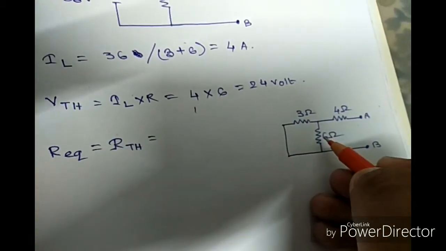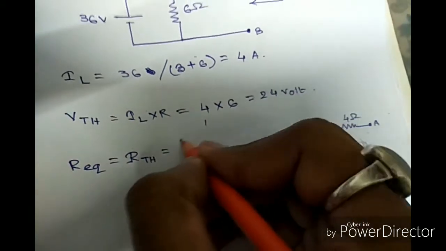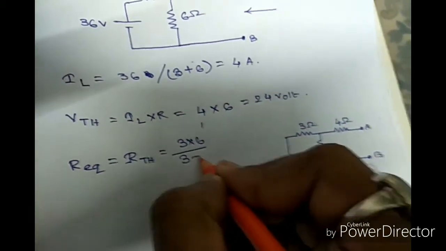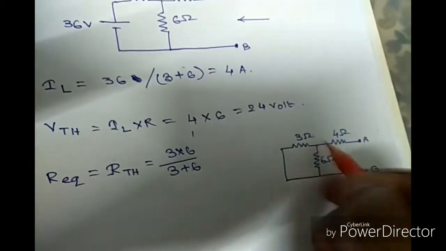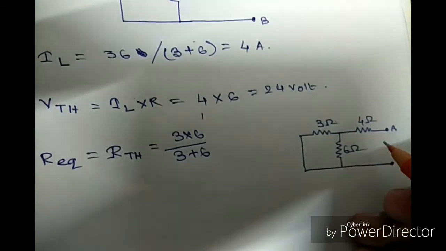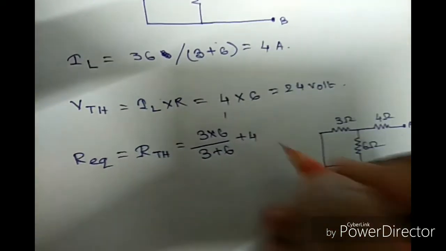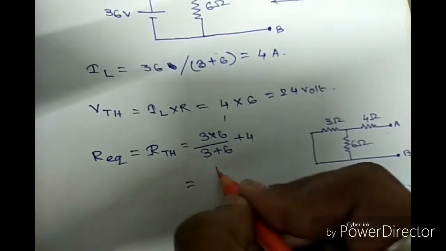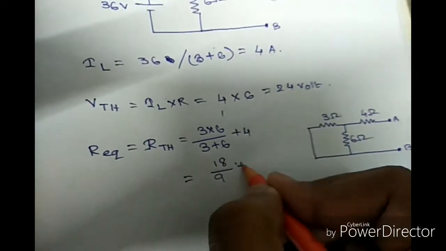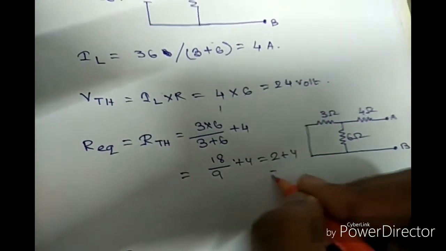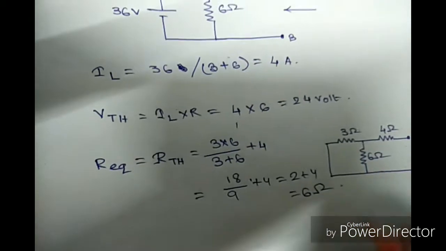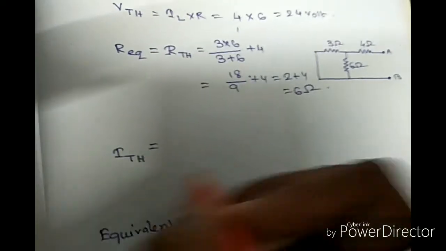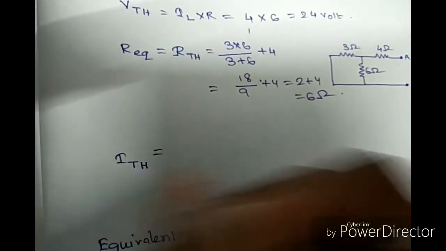The 3 ohm and 6 ohm are in parallel, and with this the 4 ohm resistance is in series, so this will be 6 ohm.